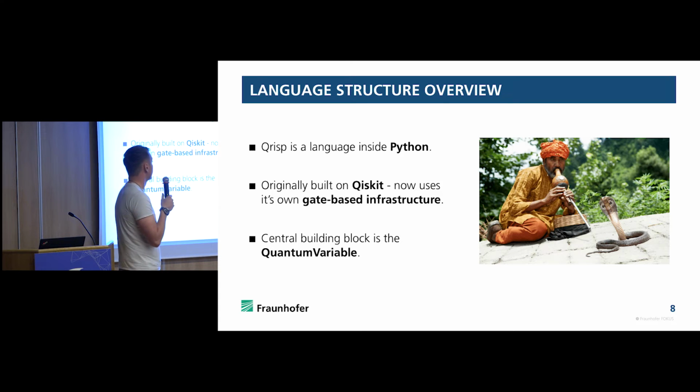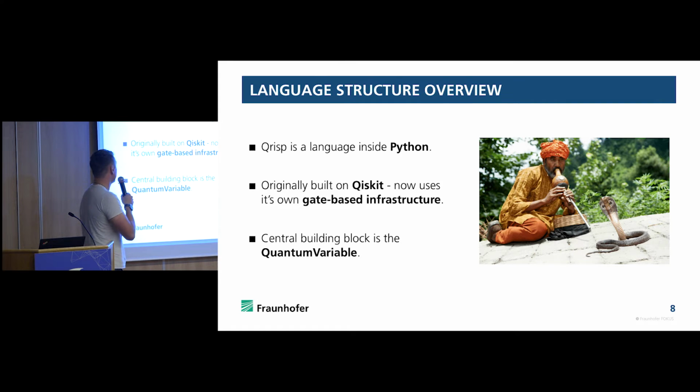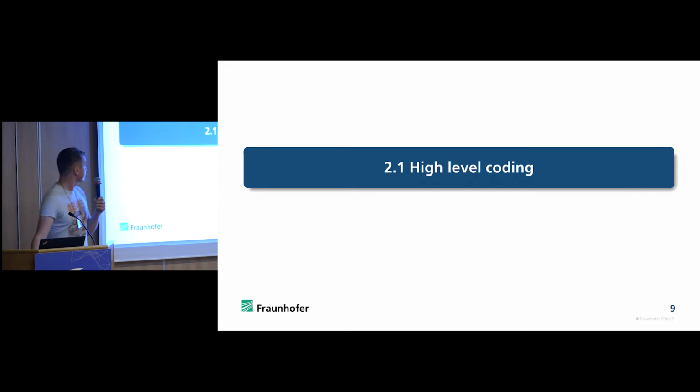Then we wanted to prevent vendor lock-in, and finally the Qrisp language is part of the compiler project, which is aiming to achieve technological sovereignty in Europe. And the central building block of Qrisp is the quantum variable, and you will soon see some examples of a quantum variable.